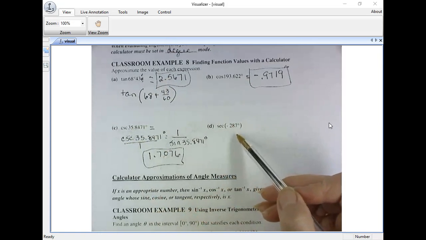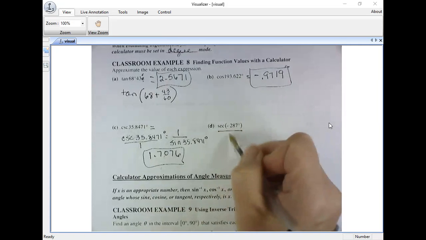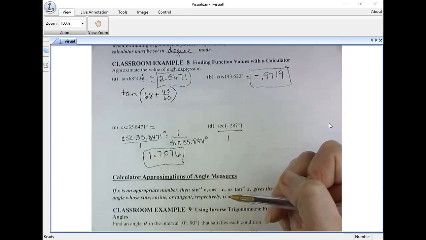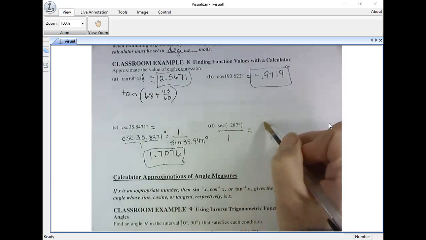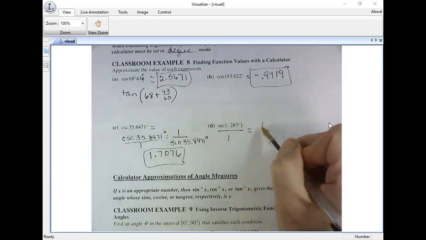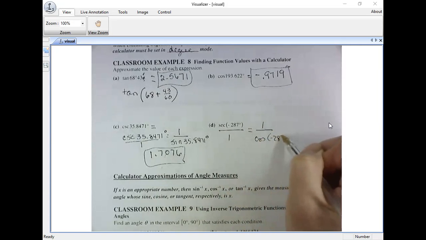All right, what would you do with the secant of -287? How do you think we get that one in the calculator? Okay, so my reciprocal would be the cosine. So you're telling me you would type in what? How do you take the reciprocal of this? 1 over the cosine of -287.